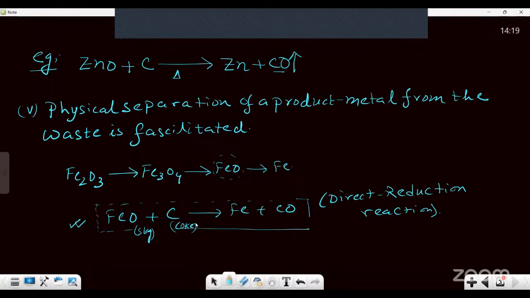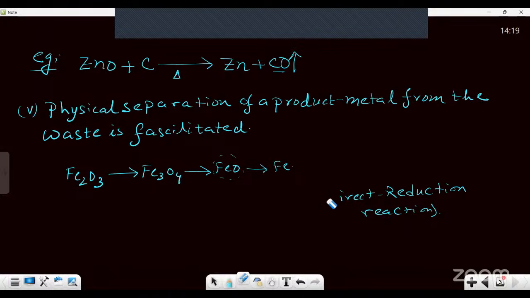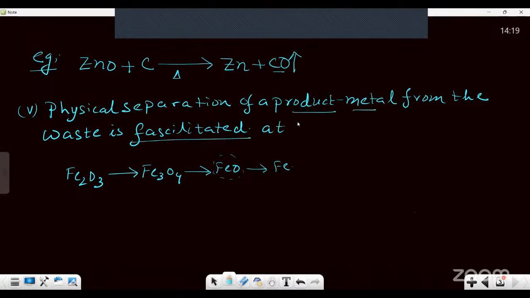So I can say that the slag can come in contact with the coke, and we can have the metal and the CO. So the point is that high temperature actually helps us to separate the metal from the slag. So the physical separation of the product metal from the waste is facilitated at high temperature.